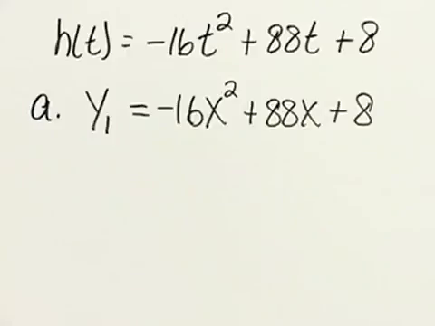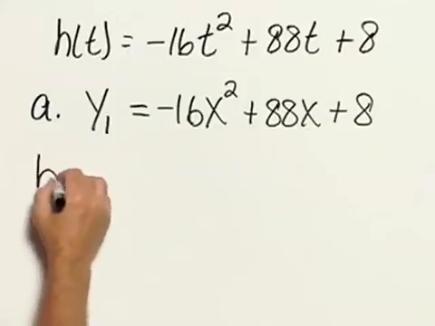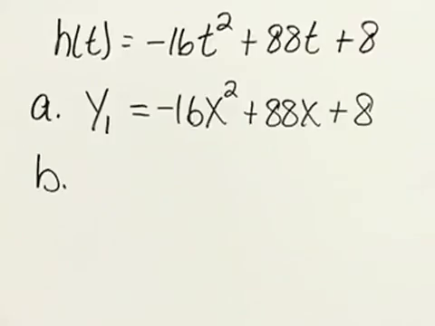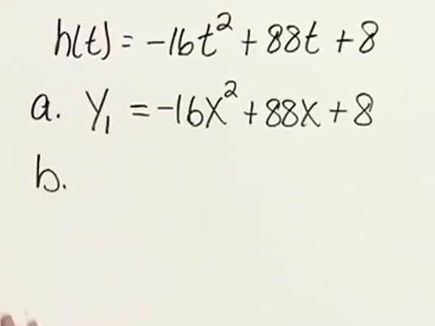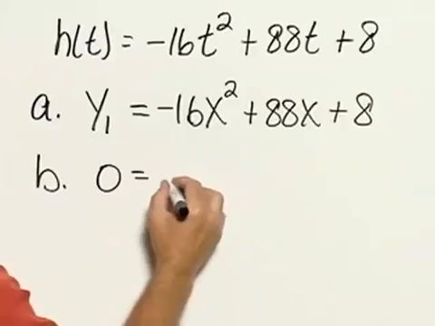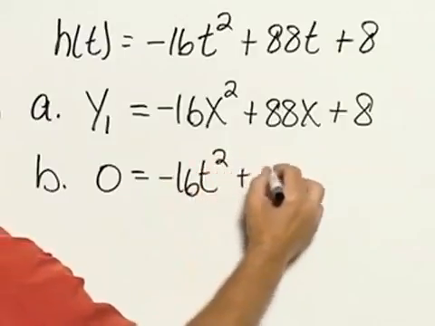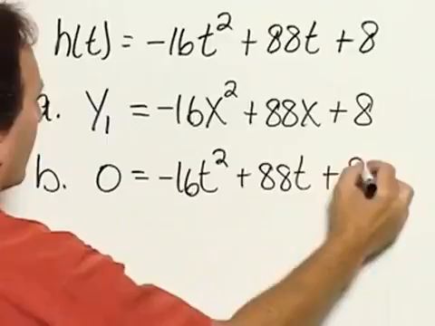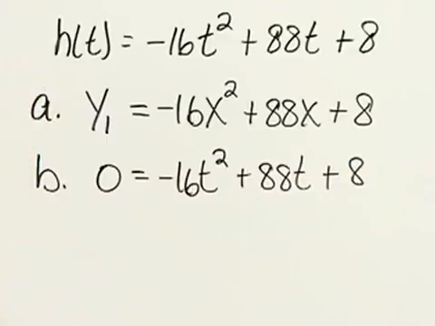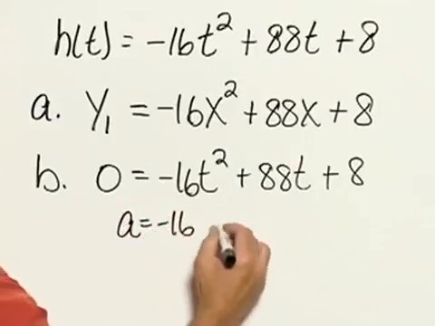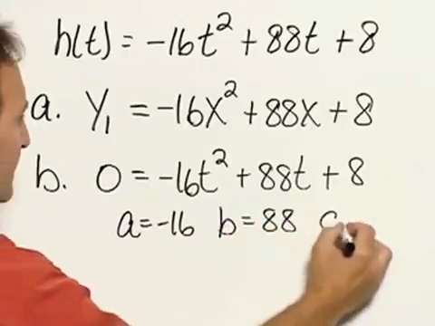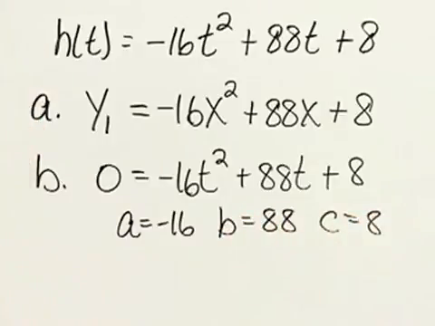B, we want to know when does the stone strike the ground. That means that we would solve the equation replacing the height with 0, because that's when the stone would hit the ground, when the height is 0. So we would have 0 equals negative 16t squared plus 88t plus 8. We're going to have to use the quadratic formula to solve this. In this case, A is equal to negative 16, B is equal to 88, and C is equal to 8.